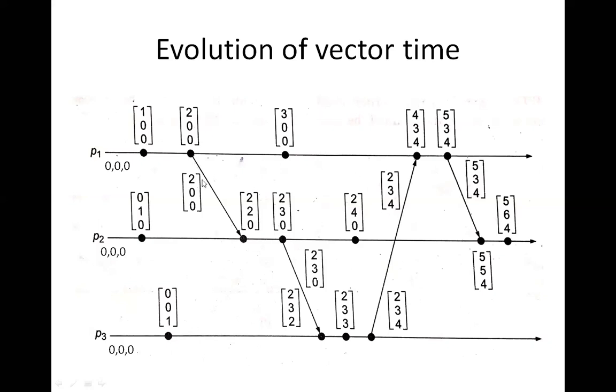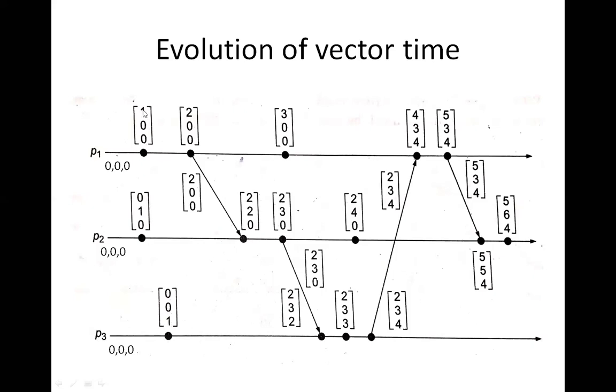Now, before this message is sent, an event has occurred at P2, the first event in process P2, and the second component represents the process P2 events. So the second component will be incremented by 1. Similarly, in P3, the third component represents the local time of P3, so when the first event occurs, it becomes 001.